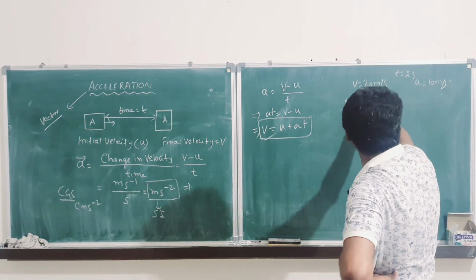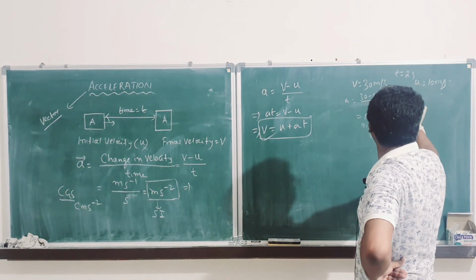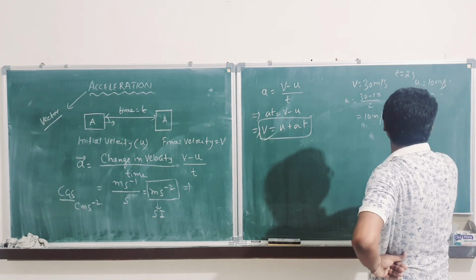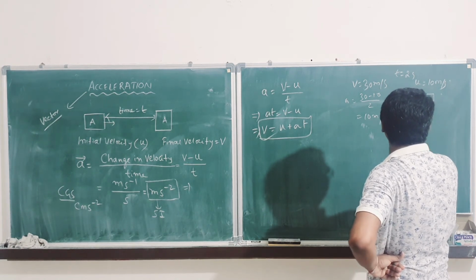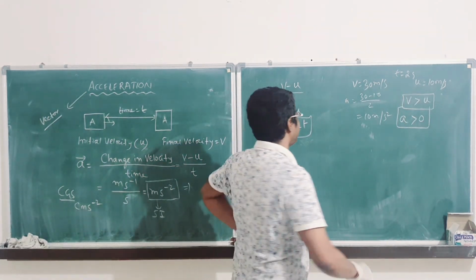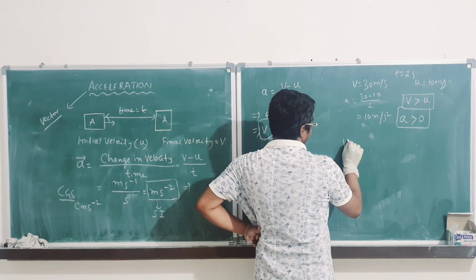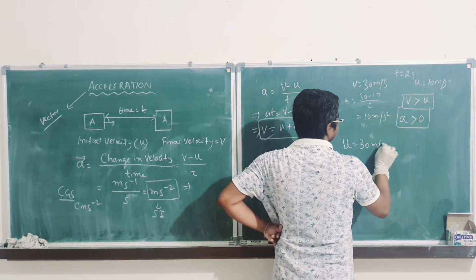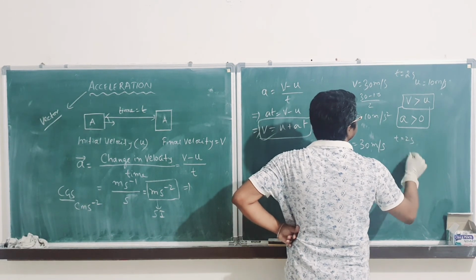So what we can see is final velocity is more than initial velocity over here, then acceleration is more than 0. It is positive.